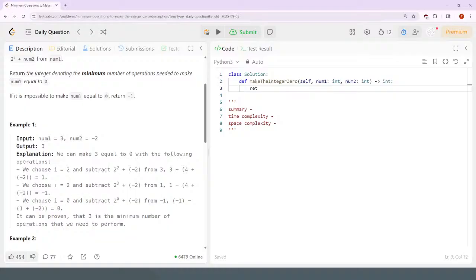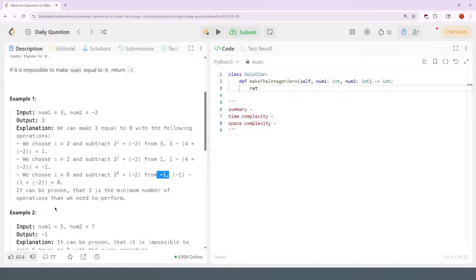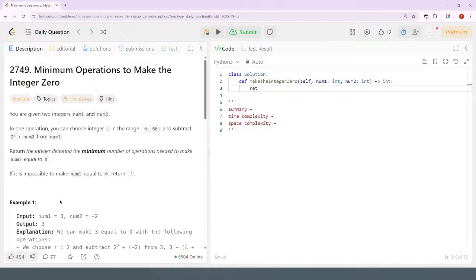Wait, what happened here? Choose i equals 0. 2 to the 0 is 1. Oh, 1 minus 2 is -1. -1 minus -1 is 0. Okay.